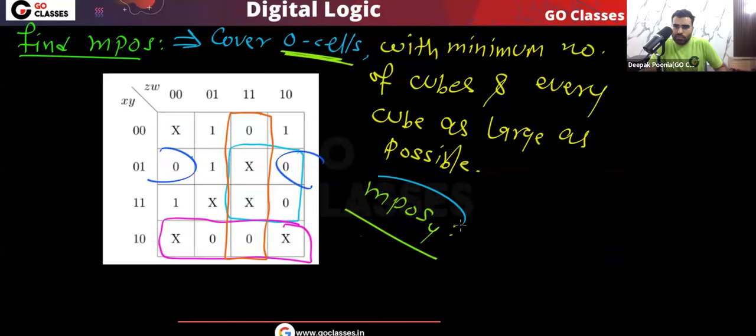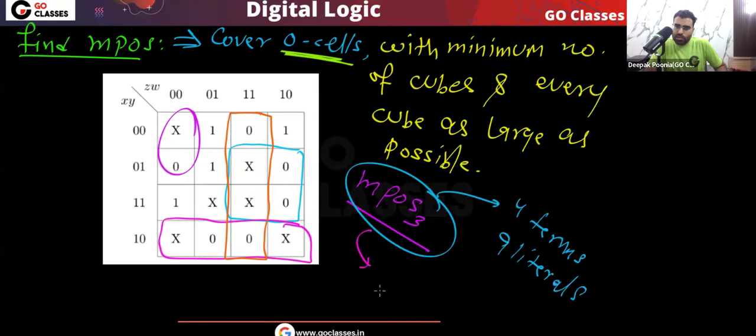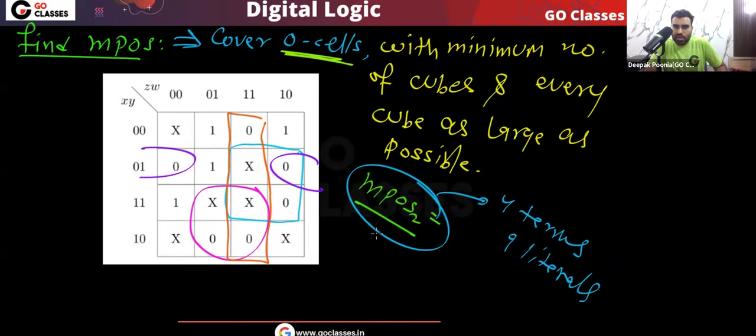And this minimal POS 4 will also have 4 terms, 9 literals. You can write these, that is your homework. The homework is that you write this minimal POS 4, I've already made the cubes. You write this minimal POS 3, I've already made the cubes. You write the minimal POS 2, I've already made the cubes.